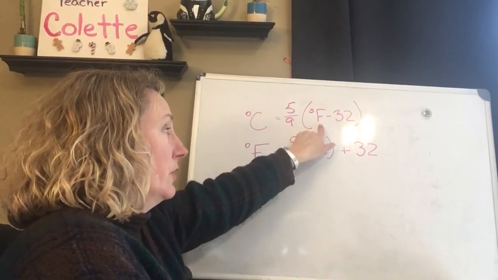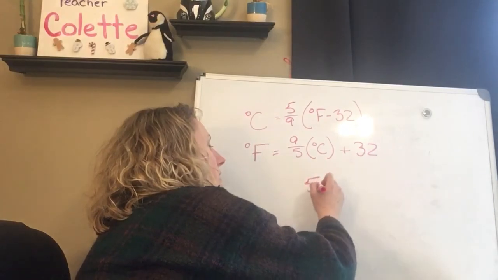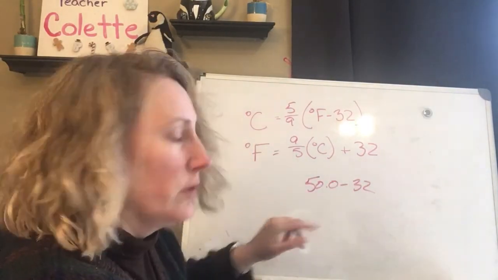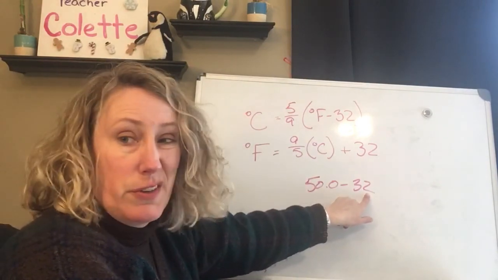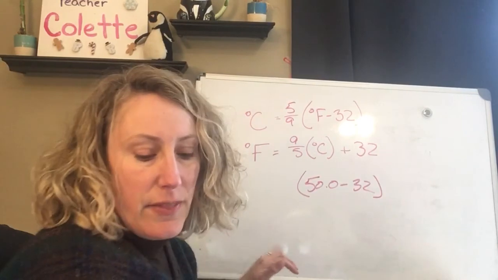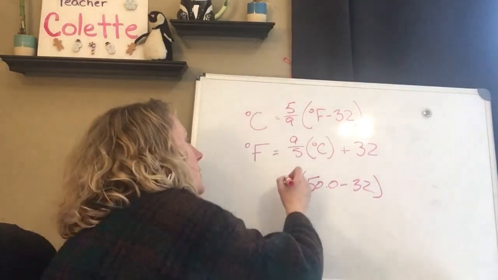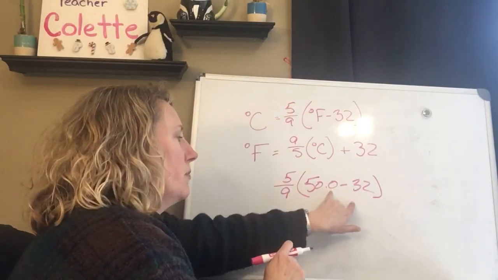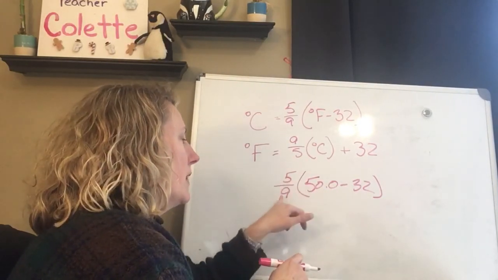The first thing you're going to do is 50.0 minus 32. Keep in mind this is only 2 significant digits, but you're going to want to do that first. Then you're going to multiply by 5 and divide by 9. So work inside the parentheses first, then multiply, then divide.